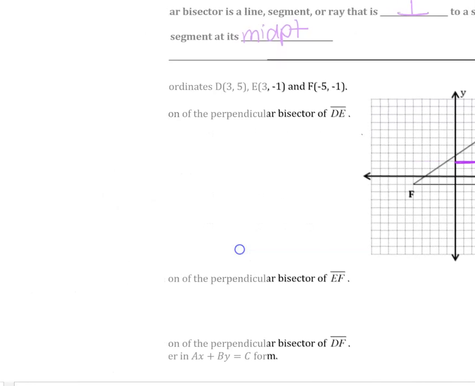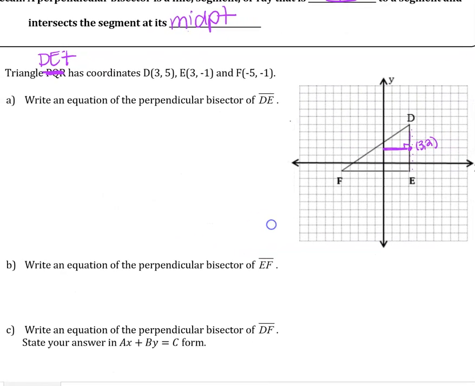So again, we're not going to do point slope form here. We're going to use just the fact that this is a horizontal line, so we should be thinking HOY. The first thing I did was I found the midpoint of DE, which was the coordinate 3, 2. That's your x, that's your y.